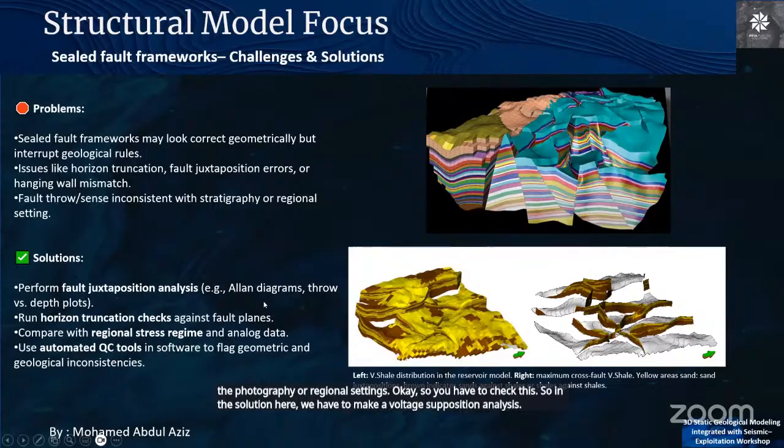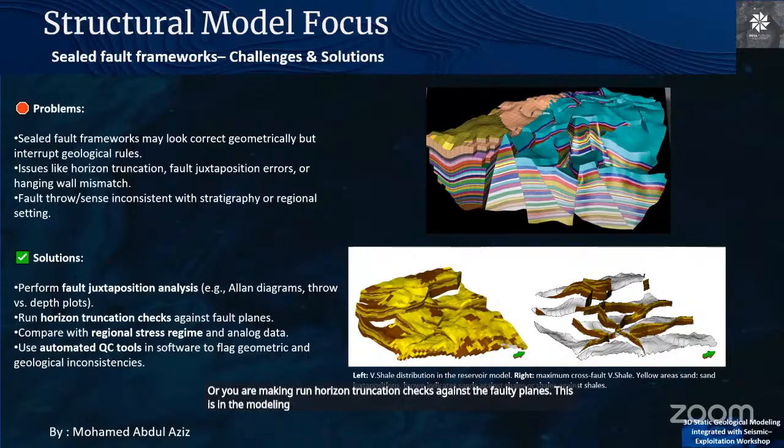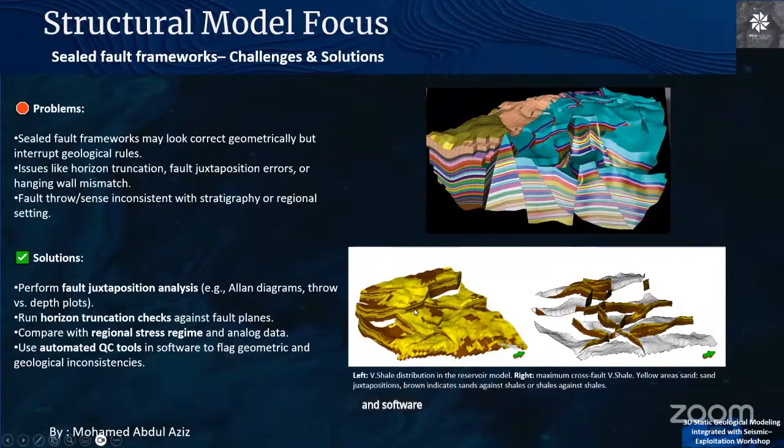Either you can do Allan diagrams or throw versus depth plots, or make horizon truncation checks against the fault planes. In the modeling, try to compare the regional stress regime and analog data from surface outcrops. And you can use automatic QC tools in the software to flag where the geometrical errors are that are inconsistent with the geological sense.